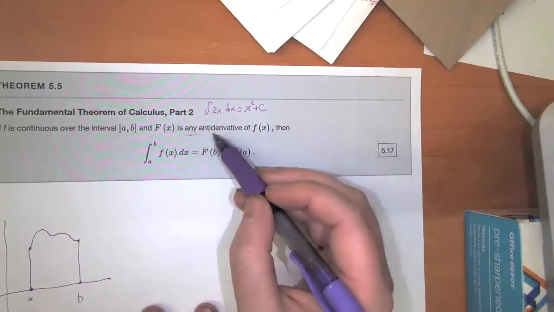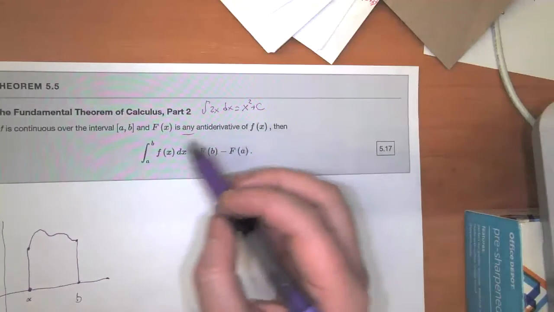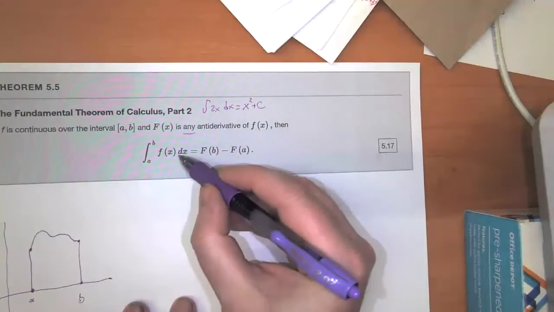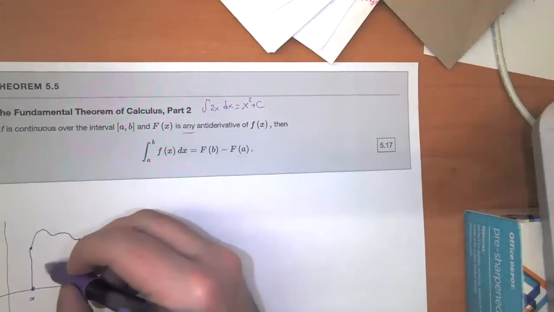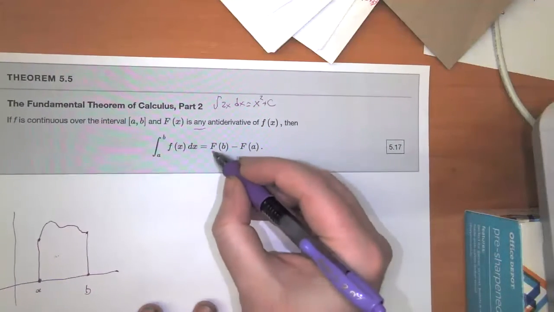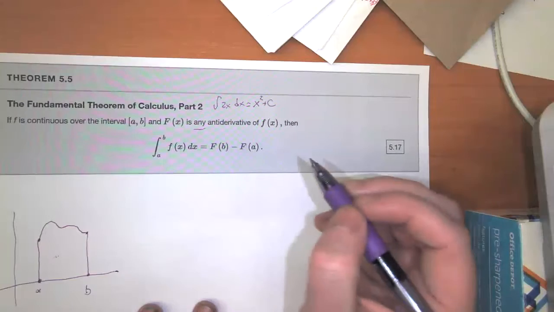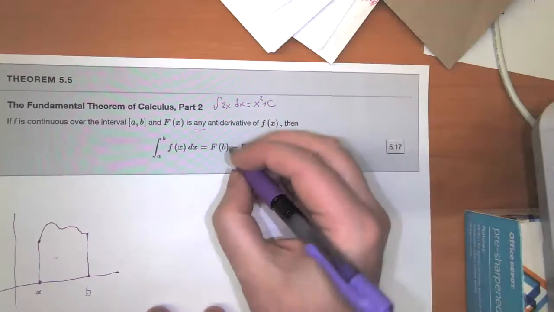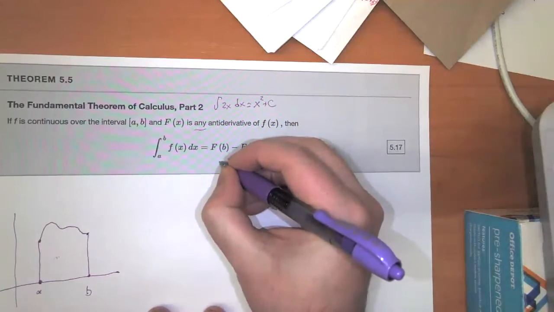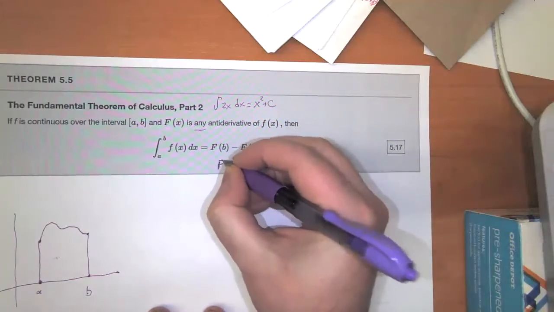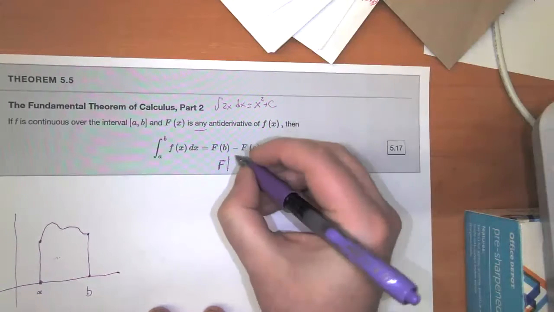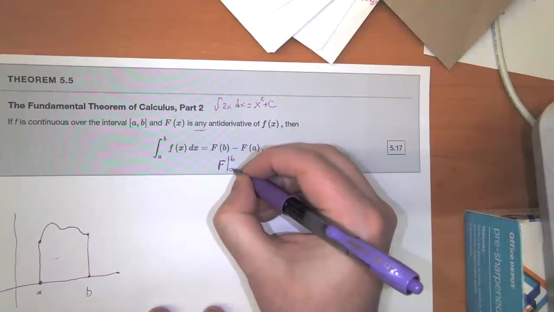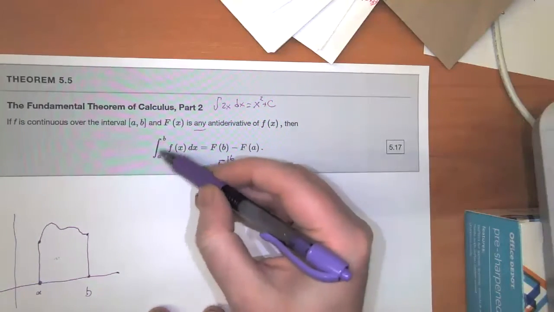All right, if big F of x is any antiderivative of little f of x, then this says that the area of f of x dx, this area, is equal to big F of b minus big F of a. And one way that you will often see this written is F with a and b, so it's got the same limits.